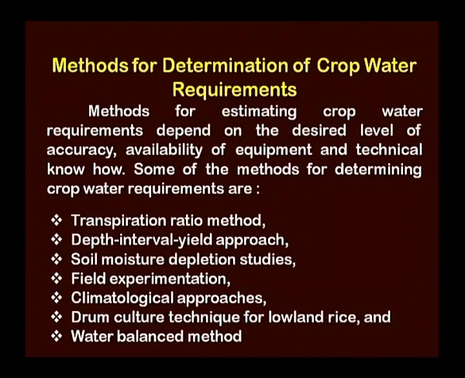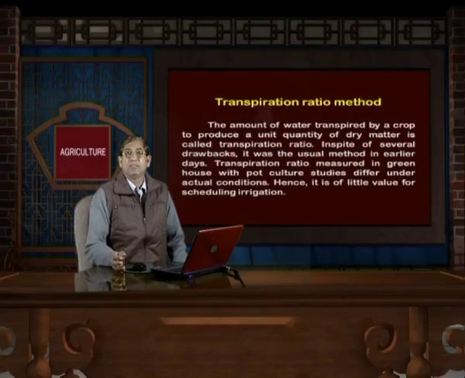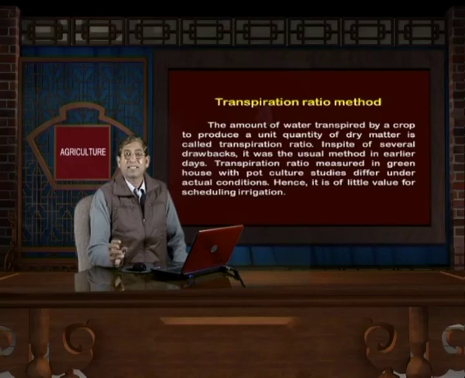Some of the methods for determining crop water requirements are transpiration ratio method, depth interval yield approach, soil moisture depletion studies, field experimentation, climatological approaches, drum culture technique for lowland rice and water balance method. So, adoption of these methods depends on the requirement of data, how accurate data are required, and what technical know-how is there for determination of water requirement.